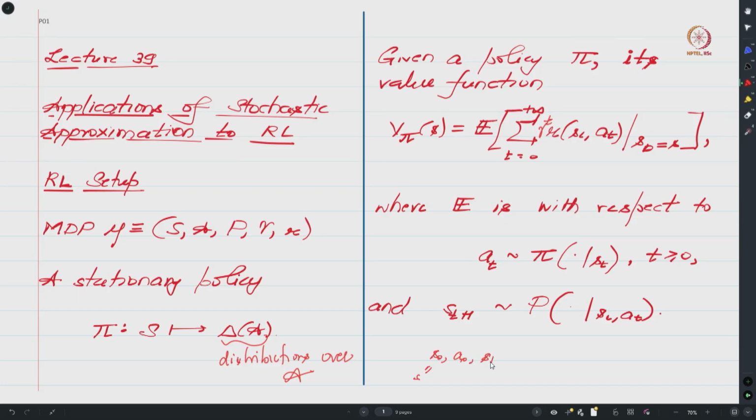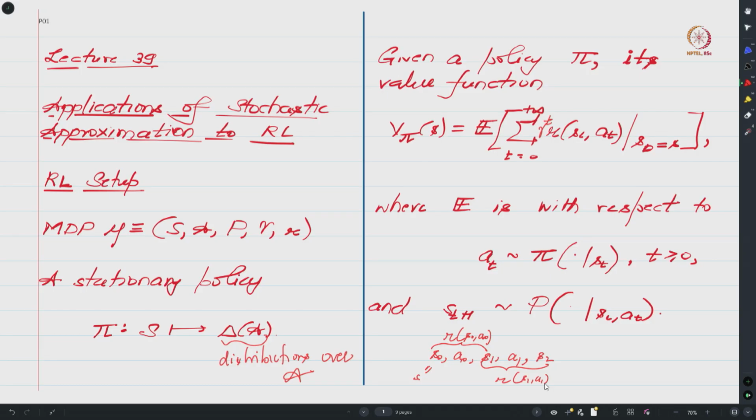This state S1 is dictated by the transition function, and in this transition you get a reward which is a function of S0, A0, and then again you pick action A1 according to your underlying policy pi, and then you get hold of the next state, and again you get some reward which is a function of S1, A1. Now this reward could also depend on the next state, but to keep things simple we are presuming that it only depends on the current state and action.